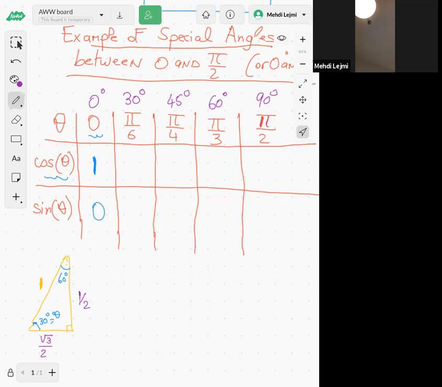And if you take square root of 3 over 2 squared plus 1/2 squared, that will be equal to 1 by the Pythagorean theorem. Square root of 3 over 2 squared is 3 over 4, and half squared is 1/4. So that will be 4 over 4, which is equal to 1, right?